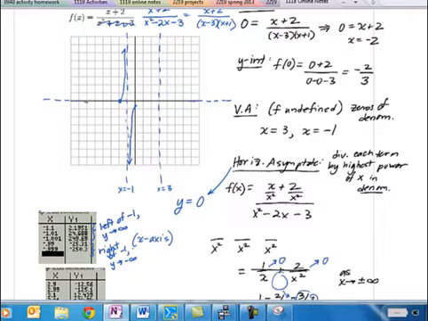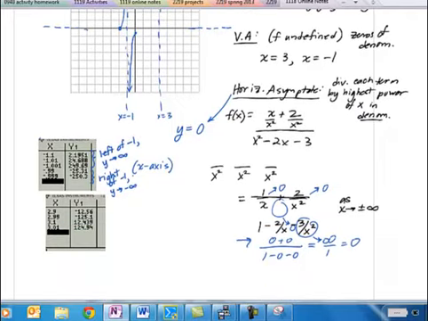And around 3, it looks like to the left of 3, y is going large negative, and to the right of 3, y is going large positive.